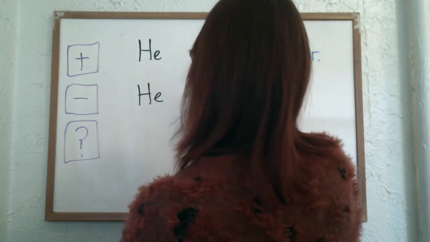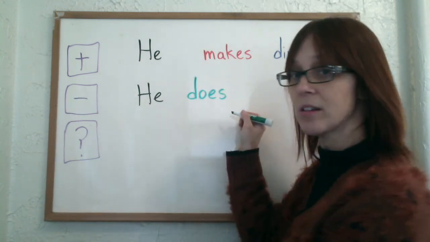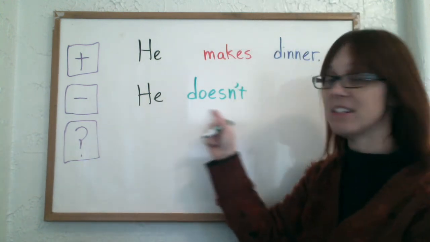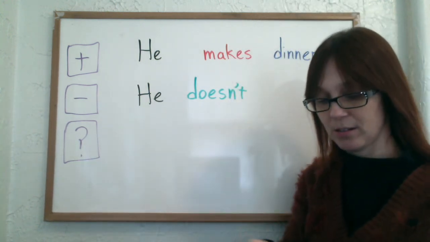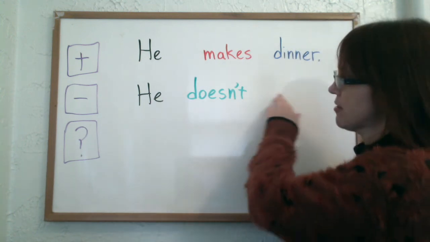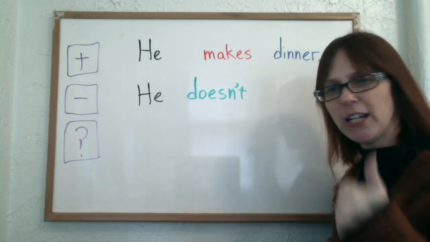So that's D-O-E-S-N apostrophe T. He doesn't. Then what? He doesn't makes dinner. Right?